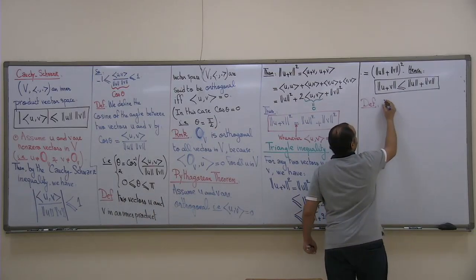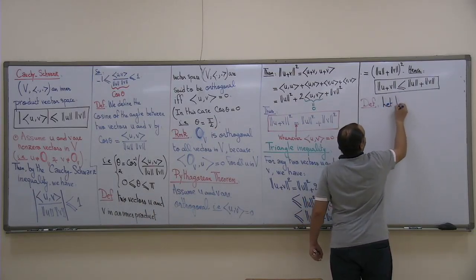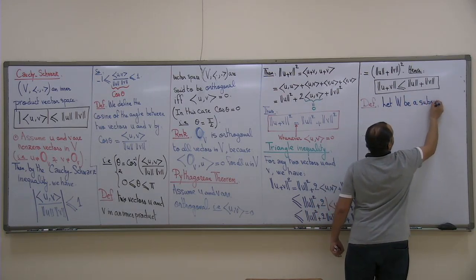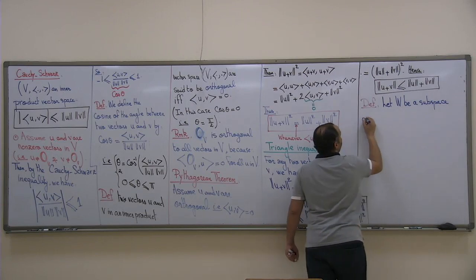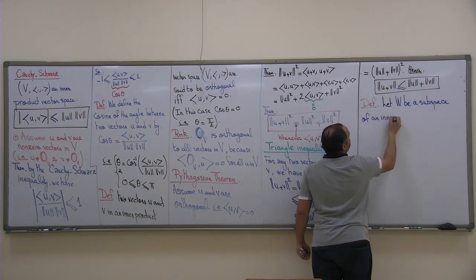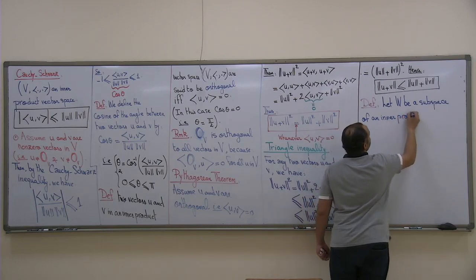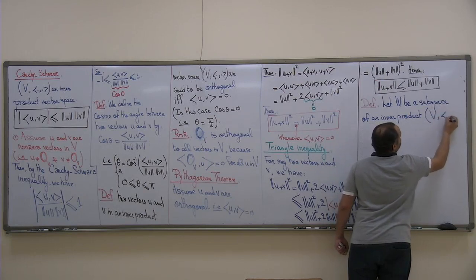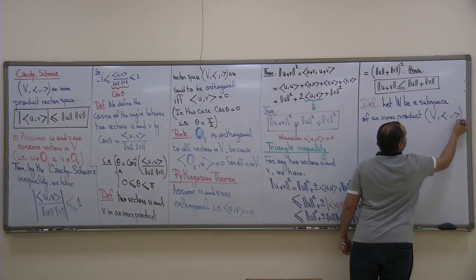Let W be a subspace of an inner product vector space, which I call V, with its inner product.